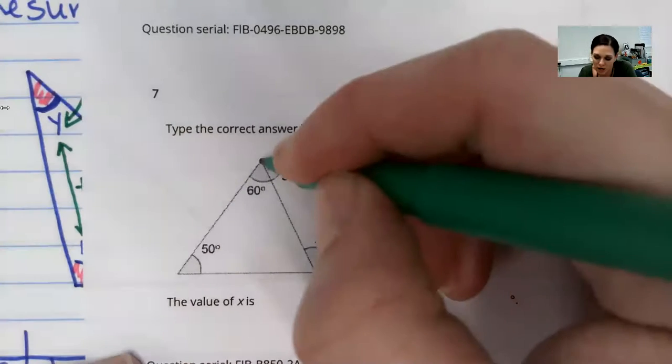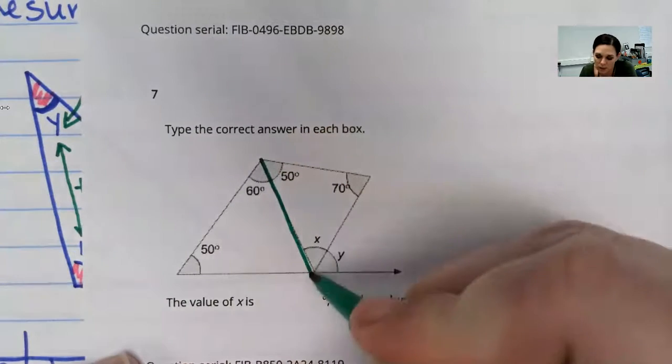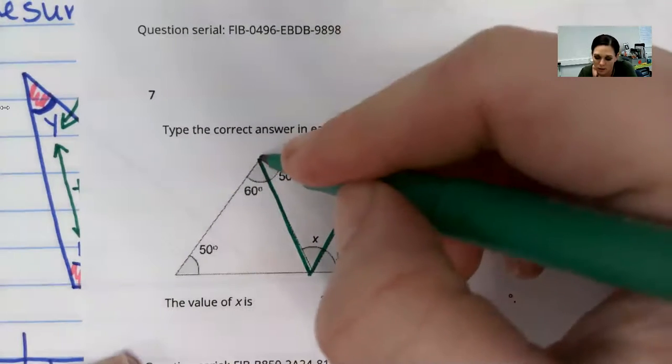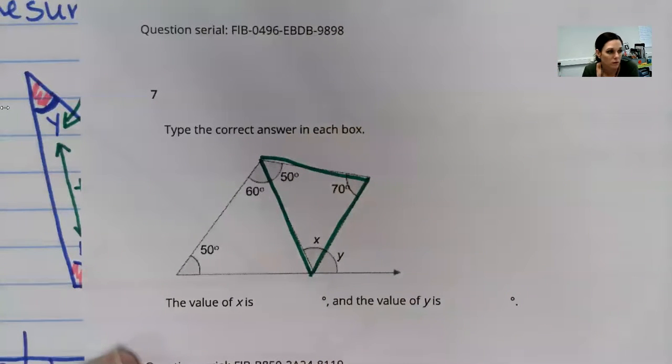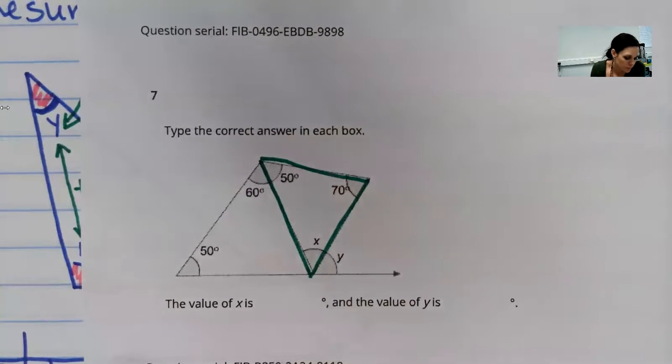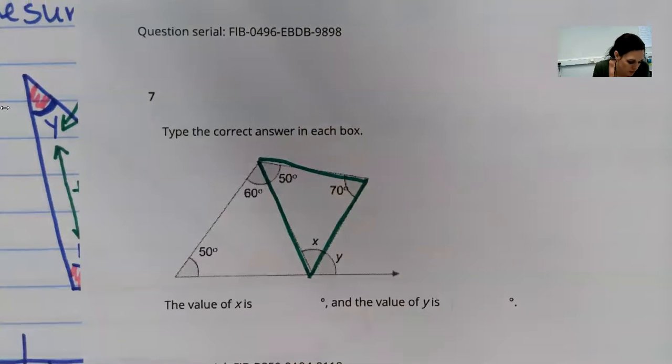So I have this triangle here. So what is X's worth? Remember, a triangle equals 180 degrees.